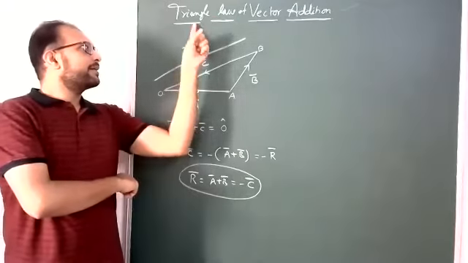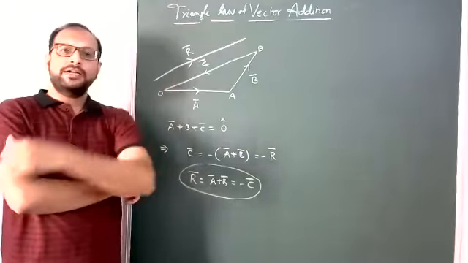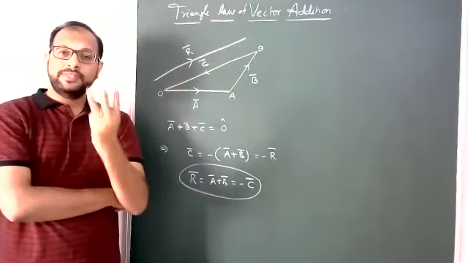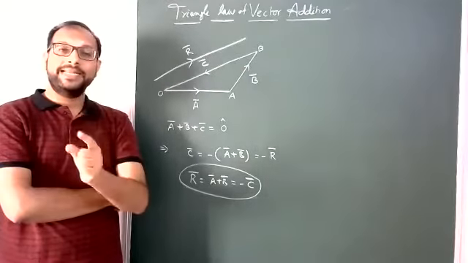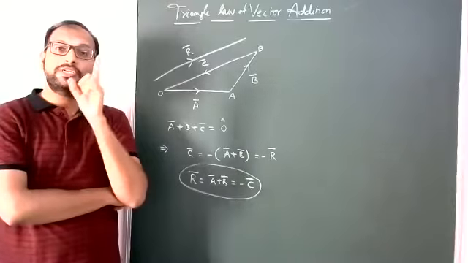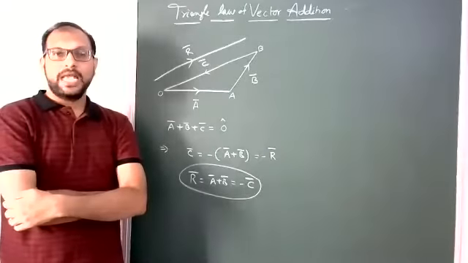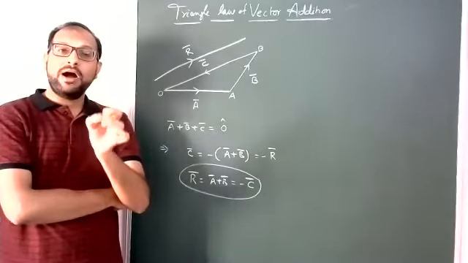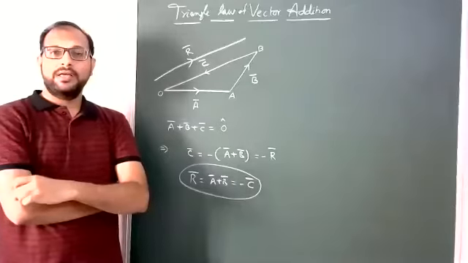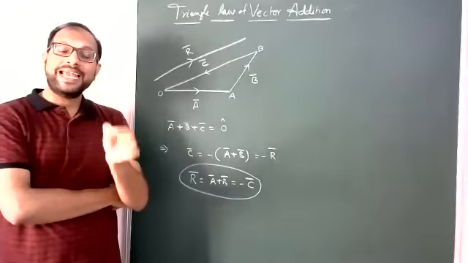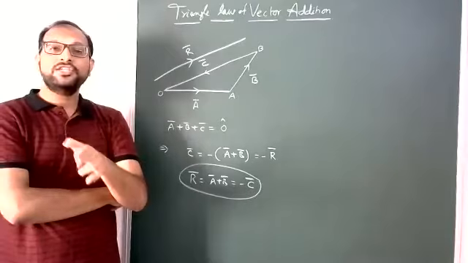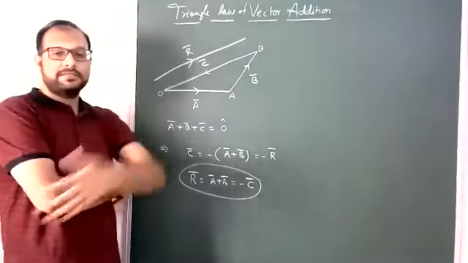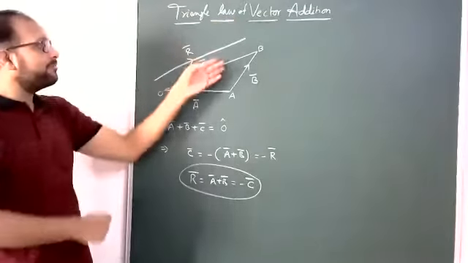So this is the triangle law of vector addition. If three vectors taken in particular order form a closed triangle, then the negative of the last vector, or the reverse last side of the triangle, is the vector addition of the first two vectors. This is the triangle law of vector addition.